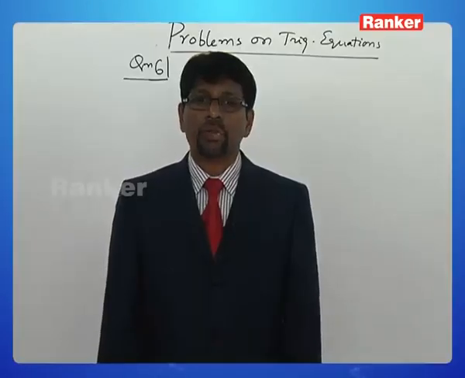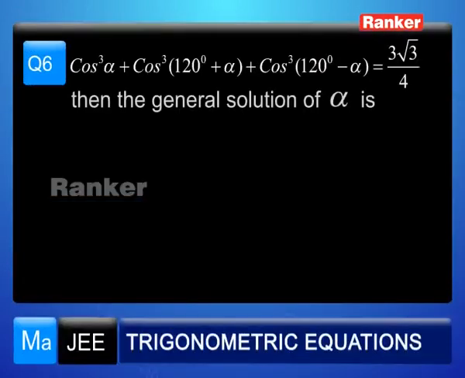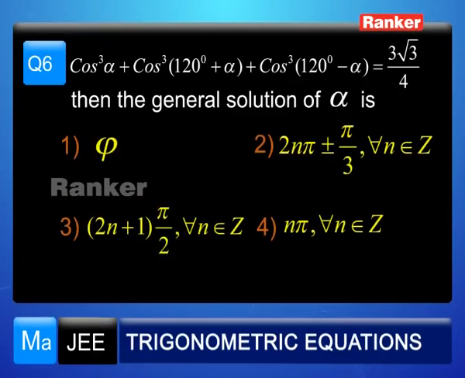So we'll move on to the next question here. Cos cube alpha plus cos cube of 120 plus alpha plus cos cube of 120 minus alpha is equal to 3 root 3 by 4. Then the general solution of alpha is: first option, null set. Second option, 2n pi plus or minus pi by 3 for all integers n.